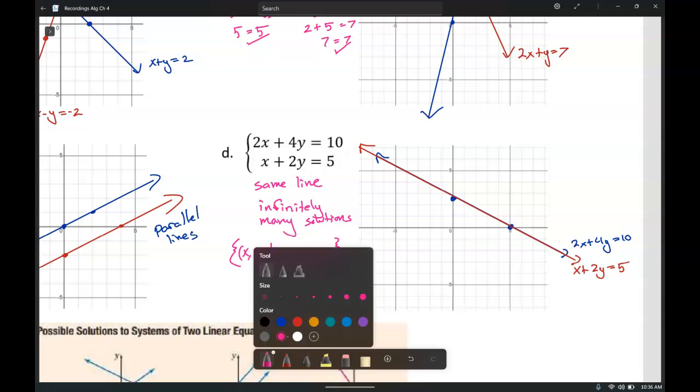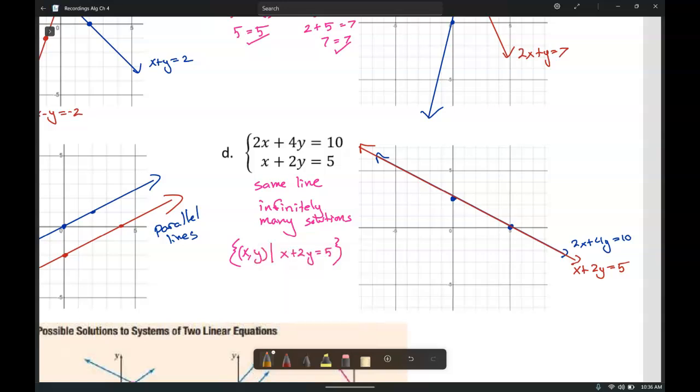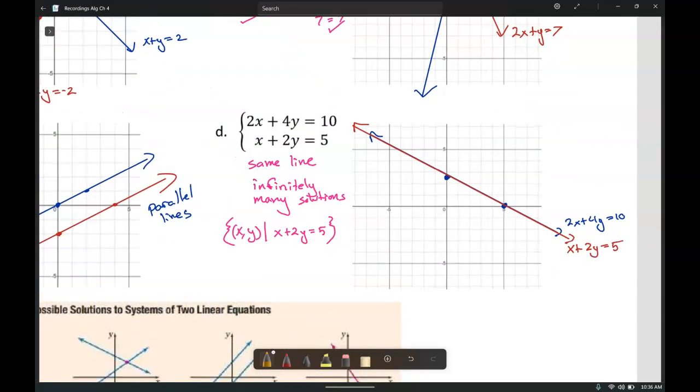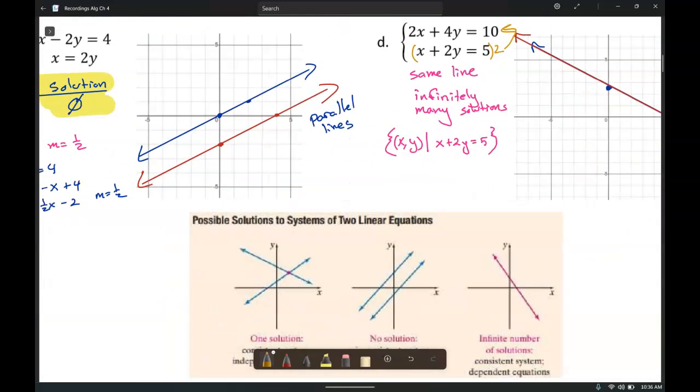I want you to note that when we look at these equations, let's say x plus 2y equals 5, if I multiply everything in this equation by 2, I get this equation and we can visually see that they are the same.